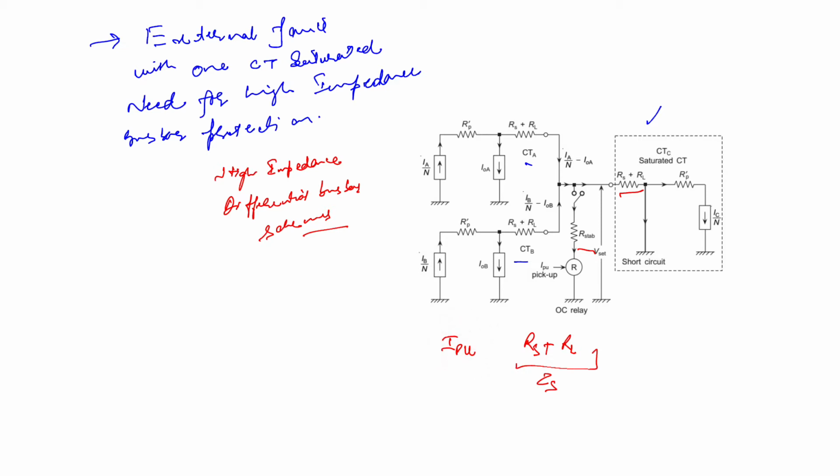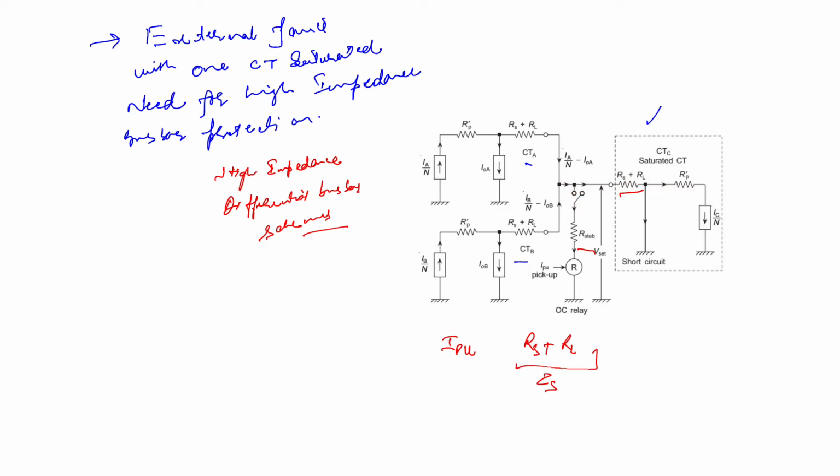So first we find the voltage across the overcurrent relay in series with the stabilizing resistance, V set.